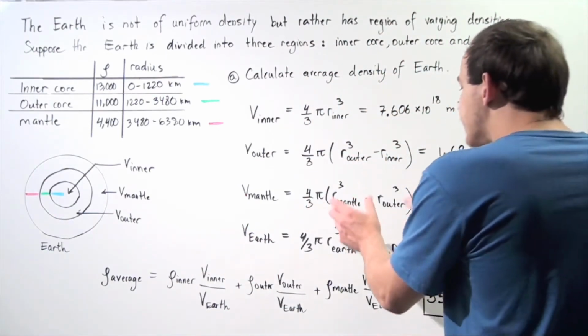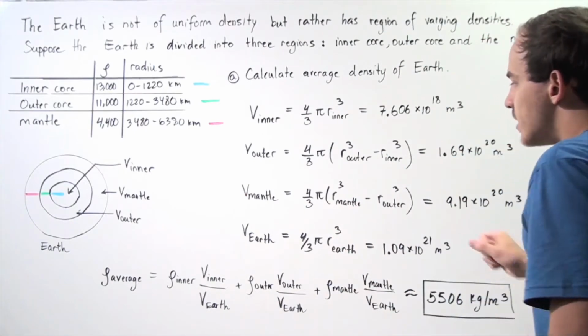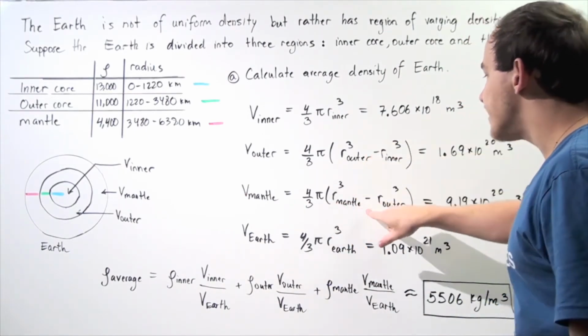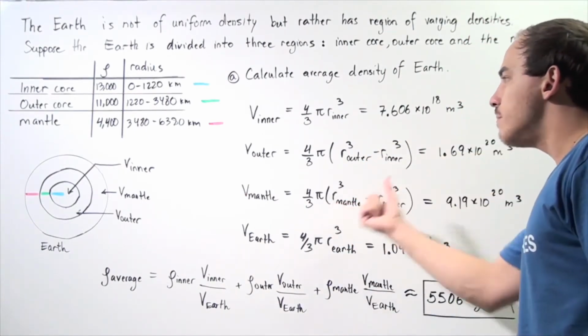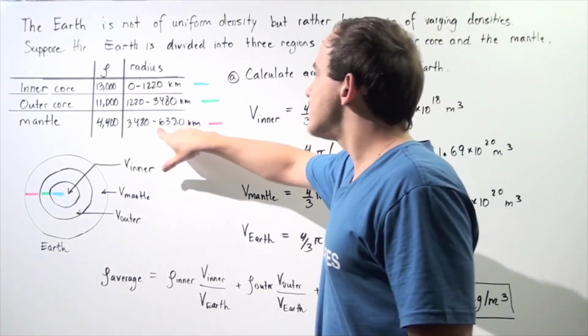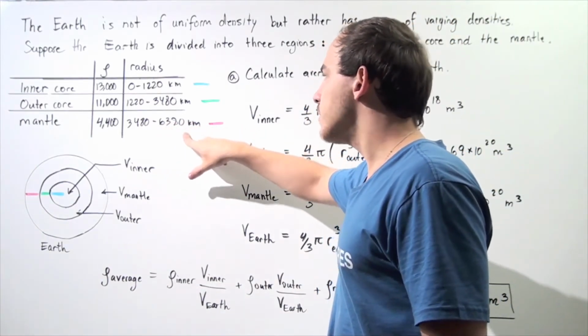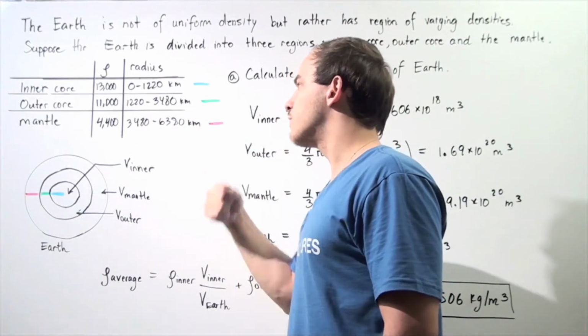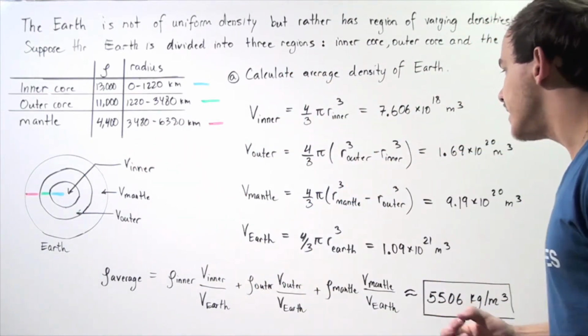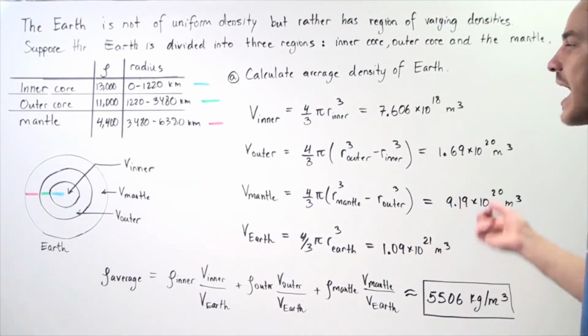So we take the difference of the radii cubed. So r mantle cubed minus r outer cubed, where r mantle is simply 6,380 kilometers multiplied by 1,000 to convert that to meters. So that's the radius of our mantle.